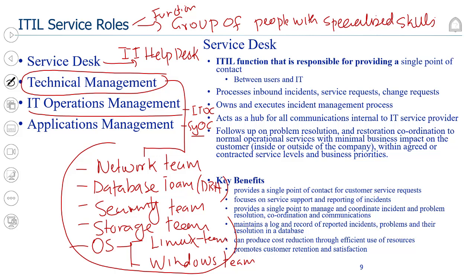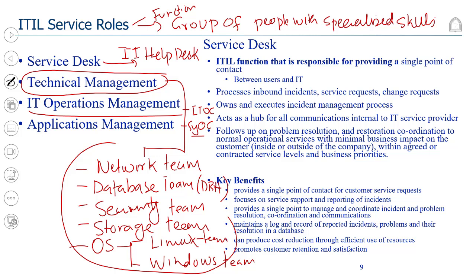And if there's anything that is flagged up, like a P3 ticket or any warning, then they call the technical teams to fix the problem before it backfires. Okay, so those are what we call the roles. Out of these roles, I just wanted to talk about the service desk. Those are some of the things that the service desk does.